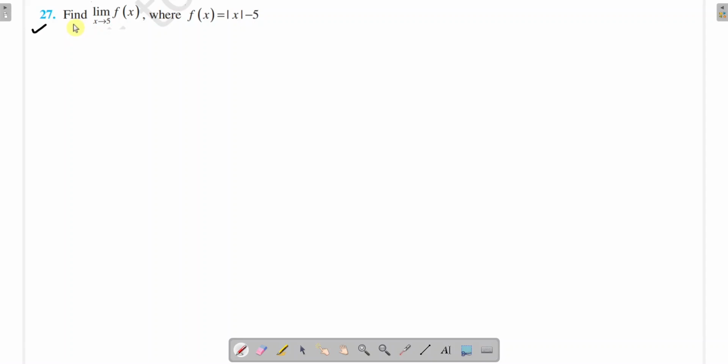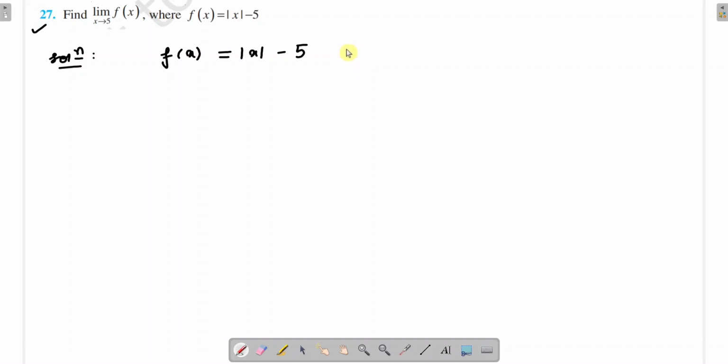Here let us read the problem. Find limit x tends to 5 of f(x), where f(x) is equal to modulus of x minus 5. So here you have to look at the function f(x), that is modulus of x minus 5.